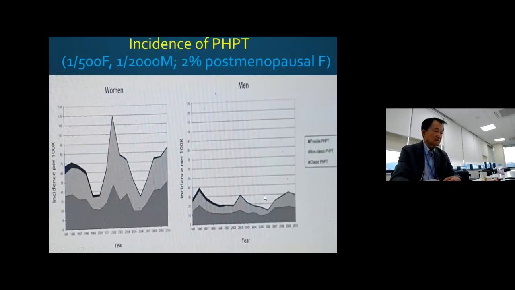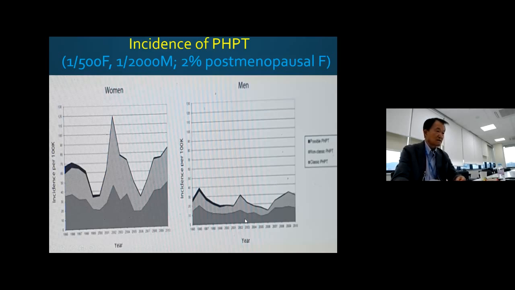So regarding incidence, ladies have it more commonly, just like thyroid disease, and then it goes up and down, but more and more cases have been reported because of, I think, a routine blood test of calcium in almost every cancer patient.